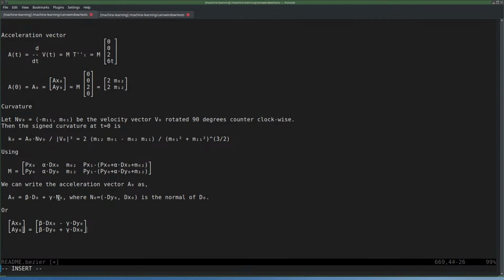And then of course the normal of D is just swapping x and y and making this one negative, as usual. And then we can fill that in. So the x-coordinate of that is beta times the x-coordinate of D0 plus gamma times the x-coordinate of N0. And the same here for the y-coordinates.